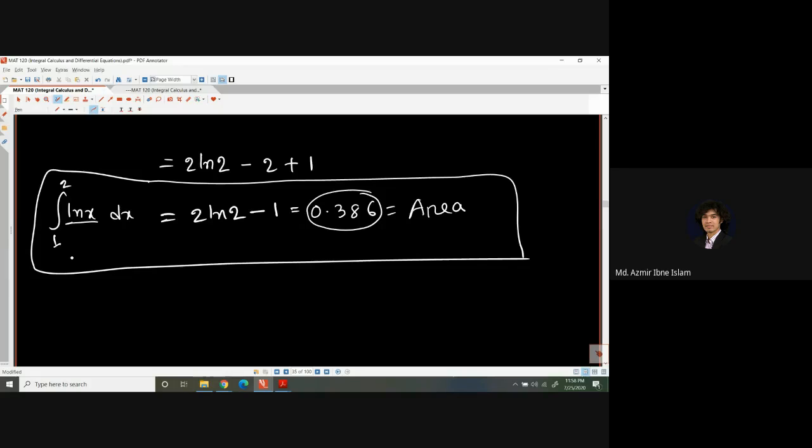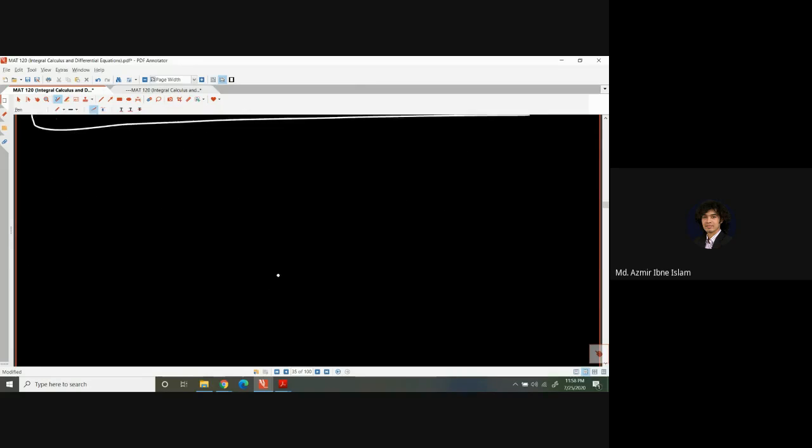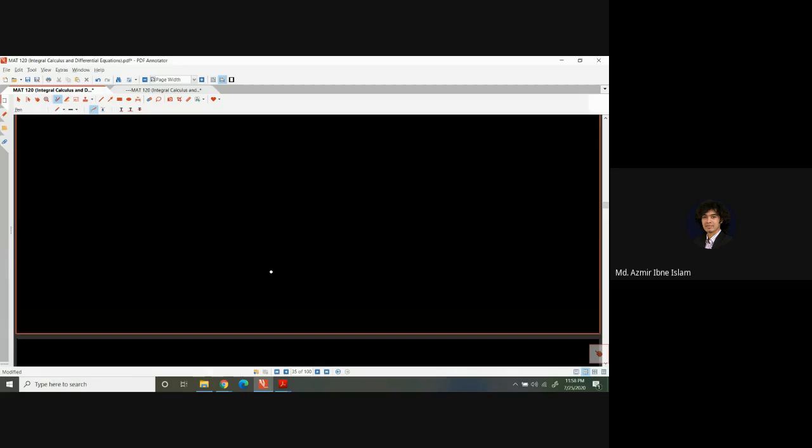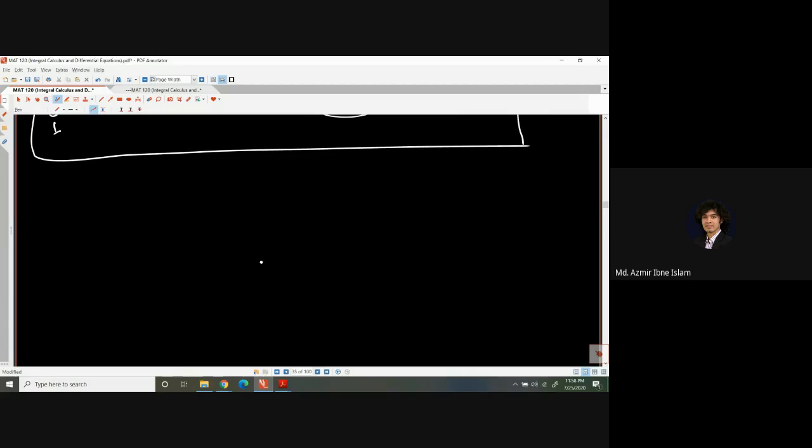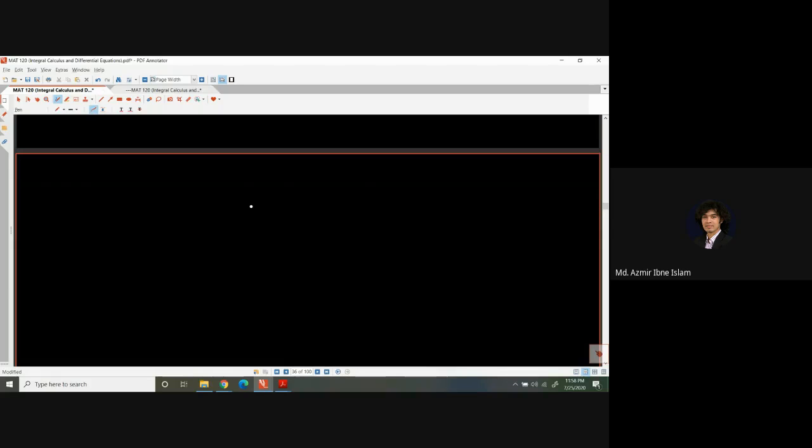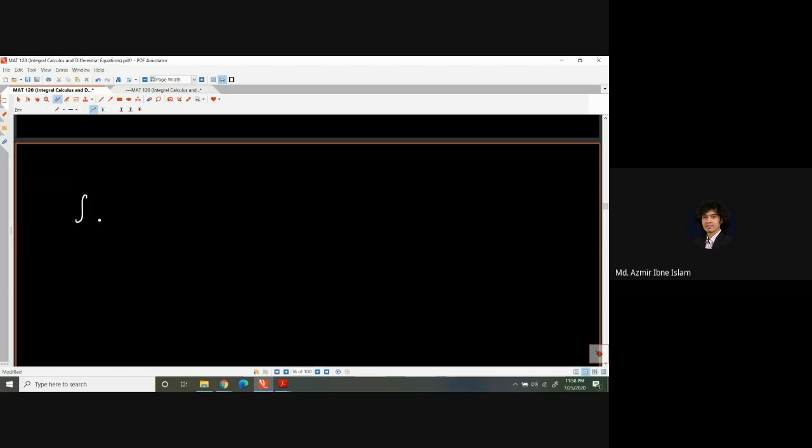Okay, so I hope up to this part you have understood what is the application of the UV technique, that is integration by parts technique. So let's take another example. Suppose we have integration x squared e to the power x dx.